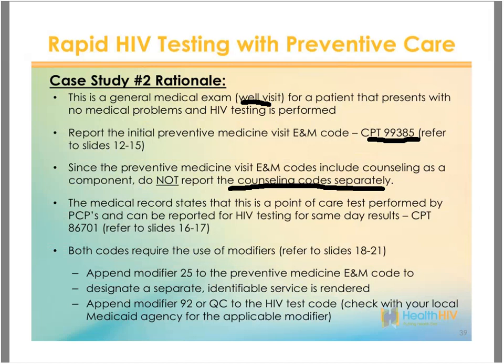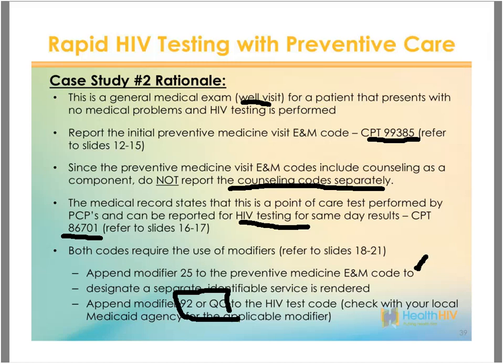The medical record states that this is an HIV rapid test, and because this is a point of care test, the provider would also report 86701. We use the modifier 25 for the well visit, and we are going to append either QW or 92, depending upon your guidance from your payer.